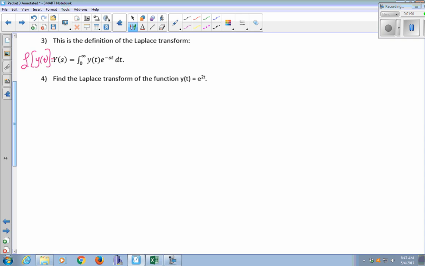So if I want to find the Laplace transform of y of t equals e to the 2t, that would be the Laplace of e to the 2t. It will be the integral from 0 to infinity. Replace the y of t with the function that I was given, e to the 2t, times e to the negative st dt.